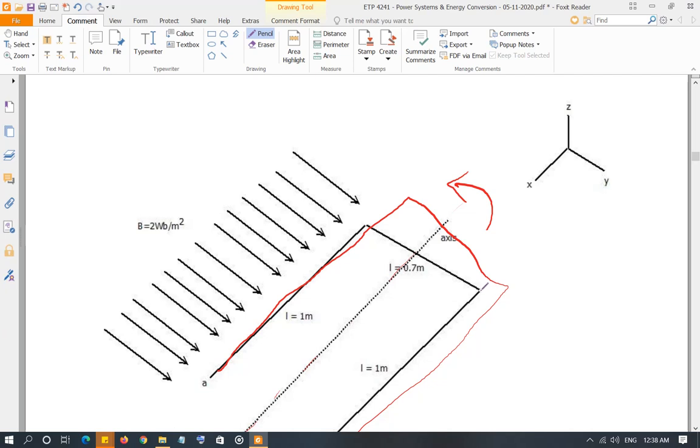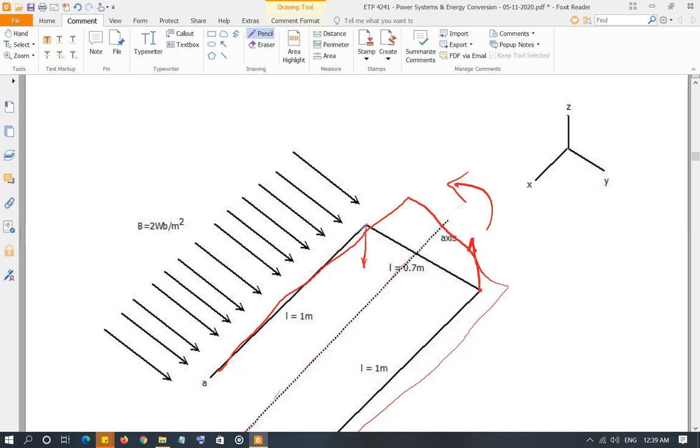So at this specific instant of time, the velocity vector on this side is going up, and the velocity vector on this side is going down. So the velocity vector on this half of your coil or conductor is going up in the z direction or k direction, and the velocity vector on the other half of the axis around which it is moving is going down.